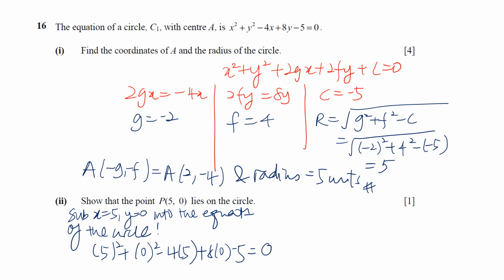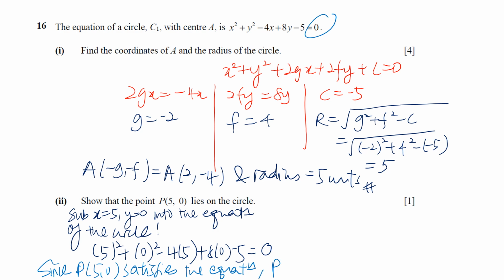Right, so then you have to do an explanation. Since your point P satisfies the equation, because the right hand side you get is 0, which tallies with what the equation gives you. Since P(5, 0) satisfies the equation, the point P lies on the circle.